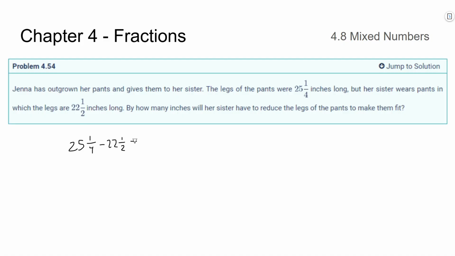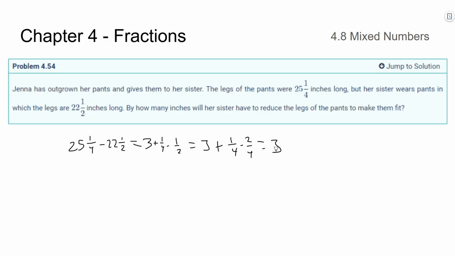Okay, well, we've got the subtraction down, so 25 minus 22 would be 3. And 1/4 minus 1/2, well, that'd be the same thing as 1/4 minus 2/4.